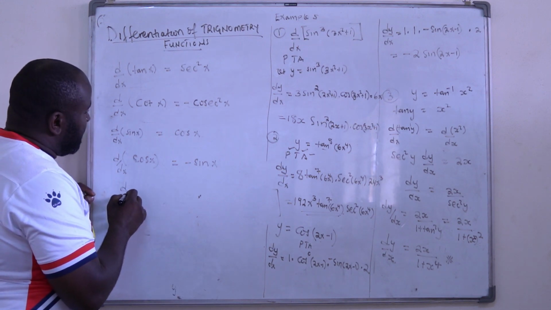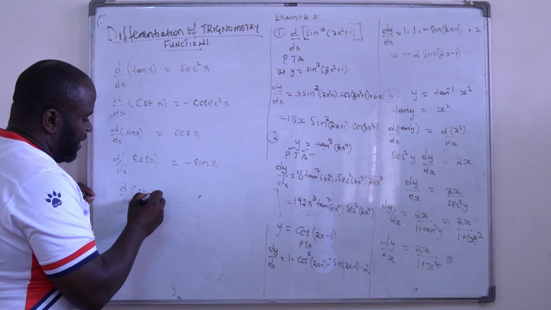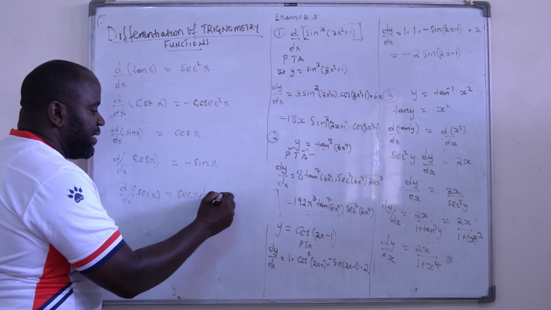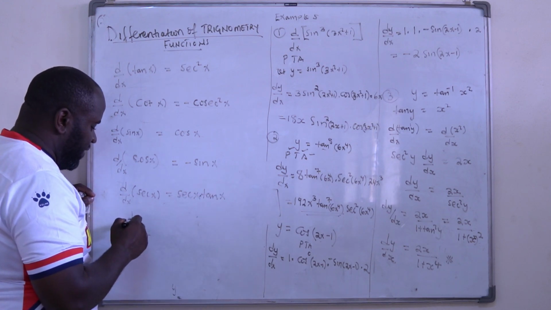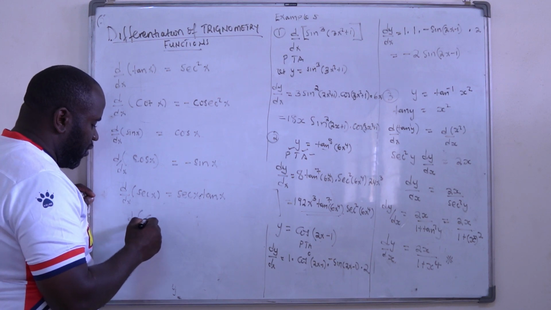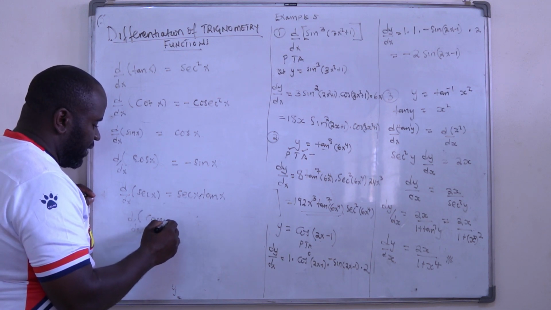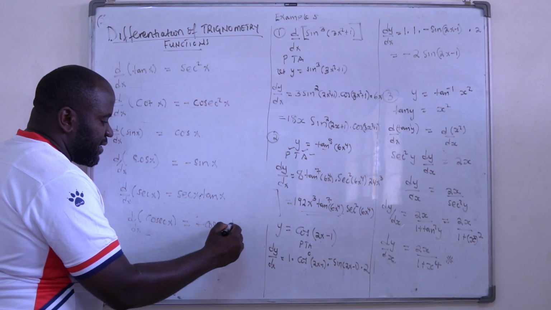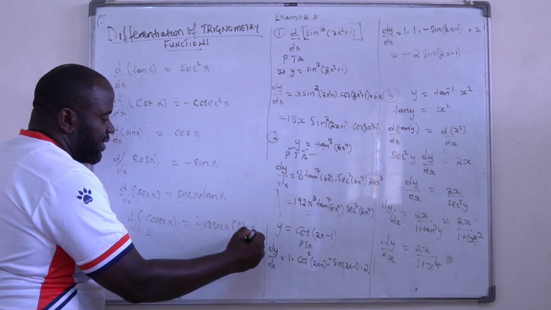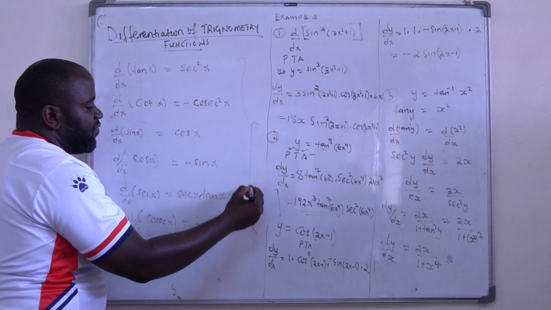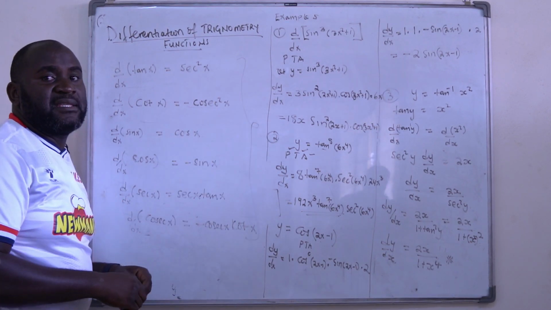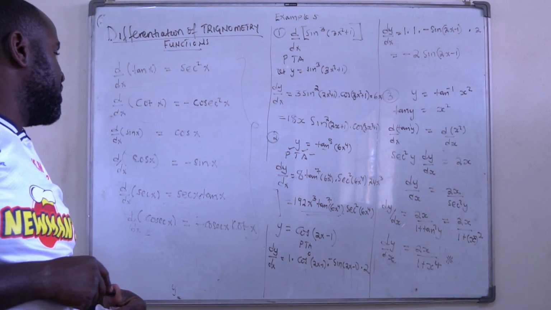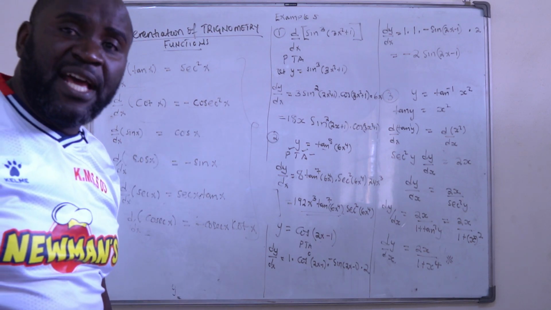Whereas the derivative with respect to x of sec of x gives us sec x tan x, whereas the derivative with respect to x of cosec x will give us a negative cosec x cot x. So before one goes for derivatives of trig functions, you should always remember these general definitions of those key 6 trig functions. When differentiated, what do we realize?